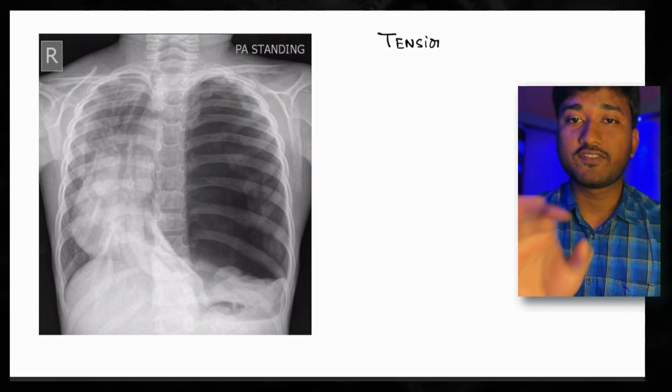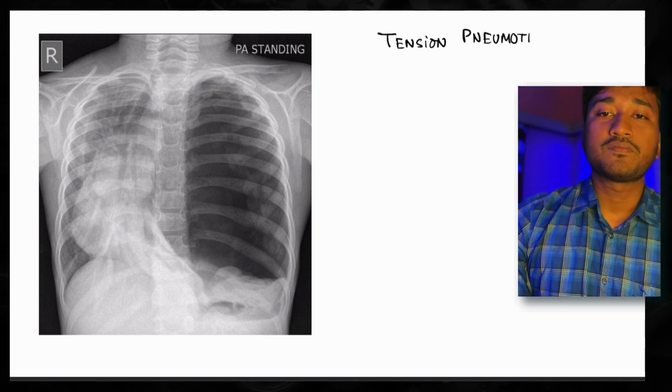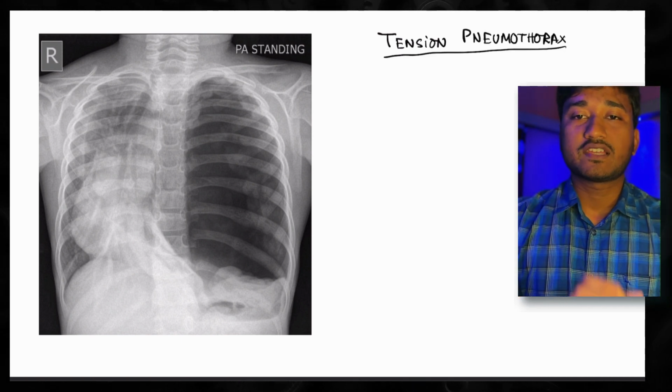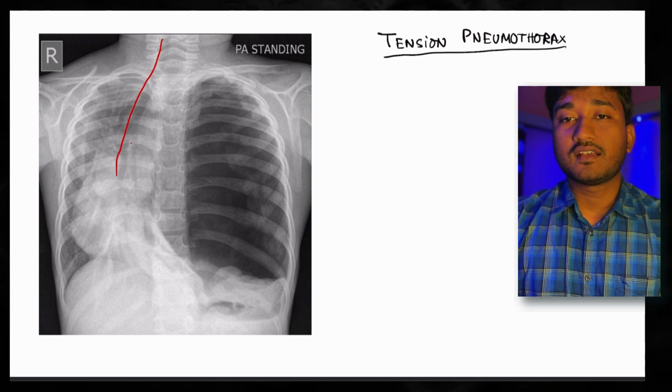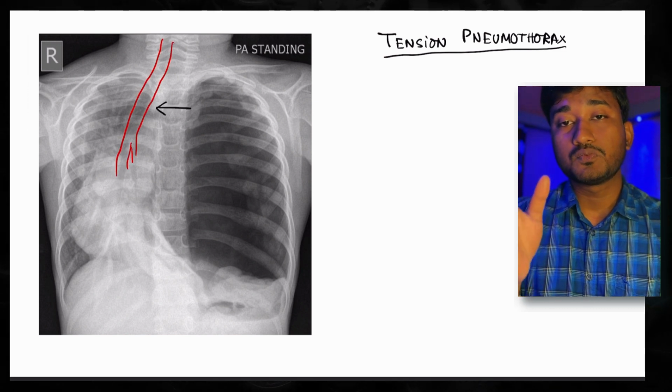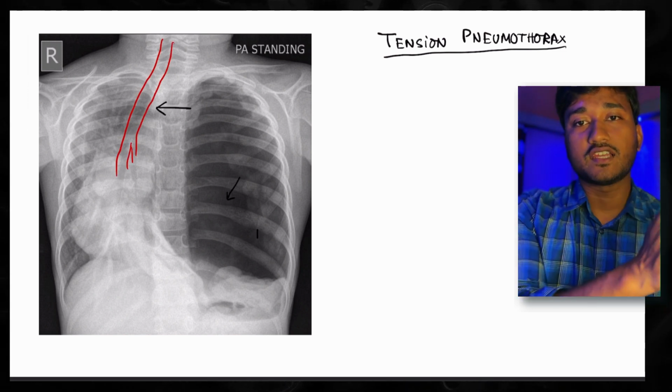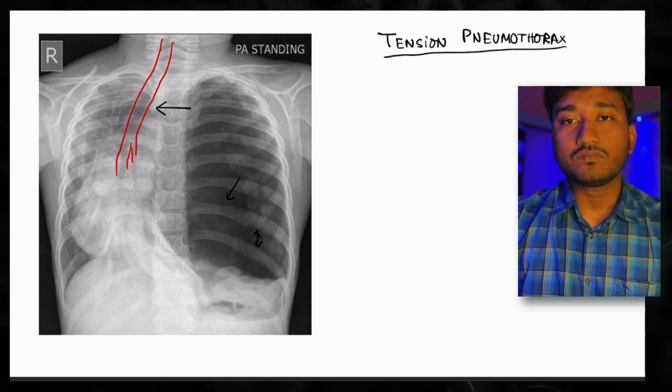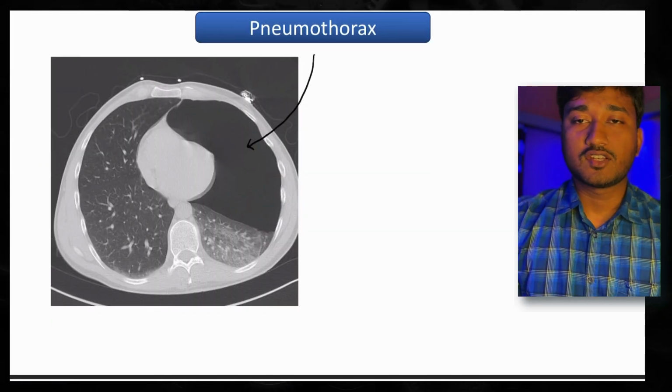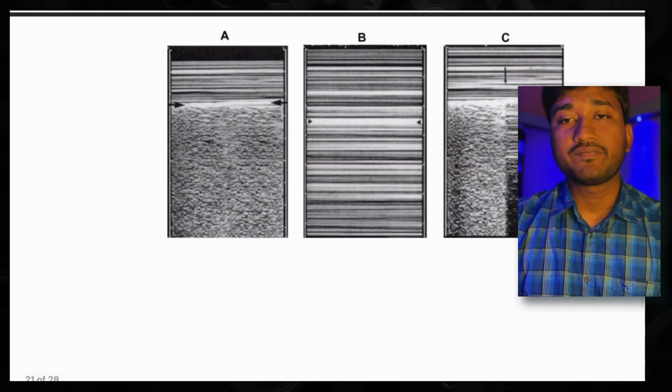Look at this, it is definite tension pneumothorax, because you can see a left sided pneumothorax which is pushing the mediastinum to the opposite side. So that is tension pneumothorax. This is also a pneumothorax CT scan.